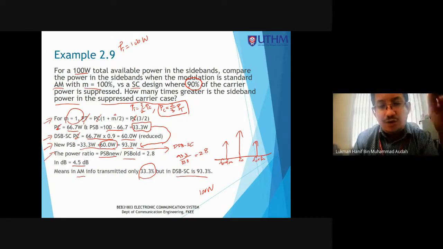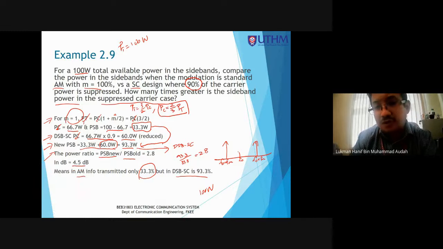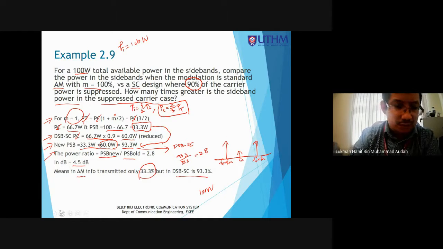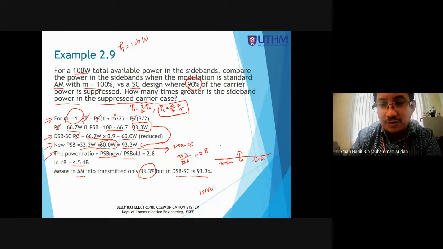And then when we do the reduced carrier, that means we reduce the carrier component. Okay, kita kurangkan carrier component ini sebanyak 90%. So that means carrier components has been reduced. And what happened is that when we reduce the carrier component, we increase the sideband components to become higher than before. So dia lebih tinggi, lebih tinggi.